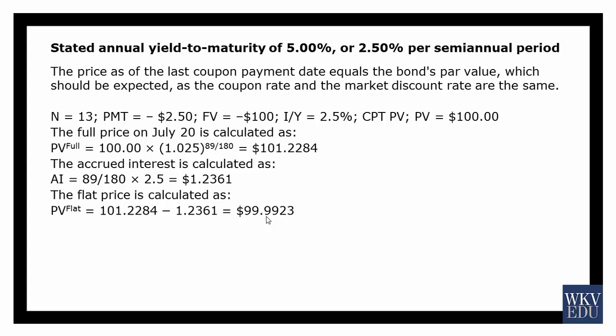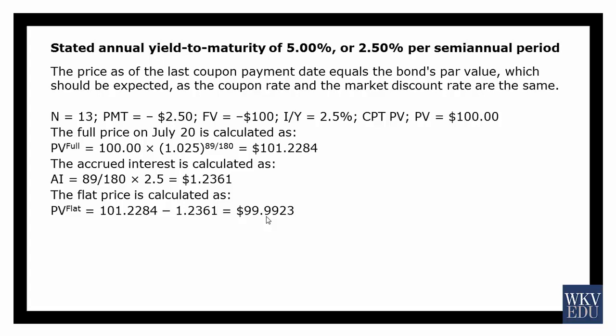However, do note that this interest income is expected to be received on the next payment date, so theoretically, the true accrued interest should actually be the present value of 1.2361 as of the settlement date. In practice, the calculation of accrued interest neglects time value of money, and therefore reported or computed accrued interest is slightly overstated, which results in a slightly understated flat price.